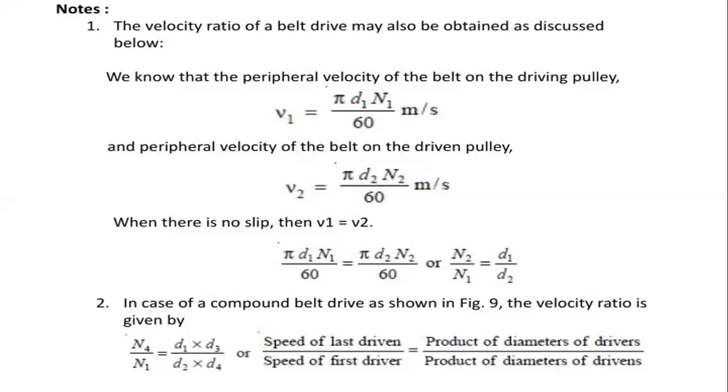The velocity ratio of a belt drive may also be obtained as discussed below. We know the peripheral velocity of a belt on the driving pulley and on the driven pulley. Then the velocity ratio for the driver pulley can be taken as follows.